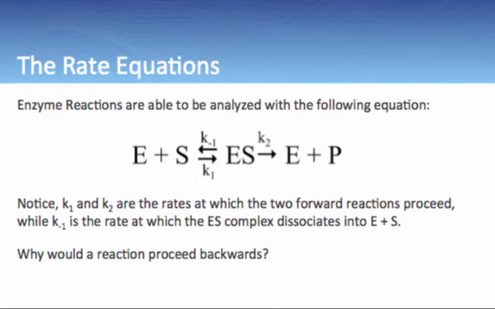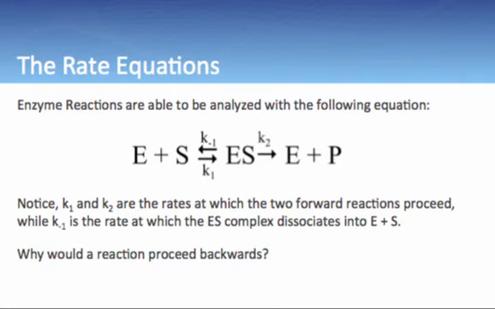We're going to see an overall reaction go from E plus S to ES to E plus P if we have k1 and k2 larger than k negative 1. However, if k negative 1 is larger than k2, even if it proceeds from E plus S to ES, we're going to fall back to the E plus S state.